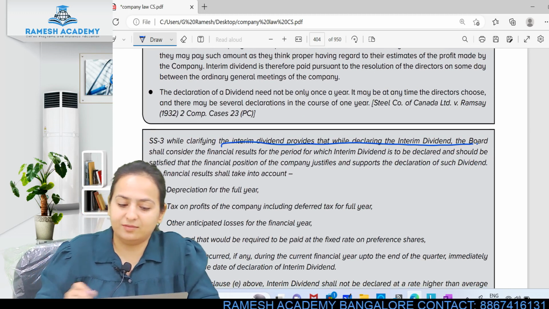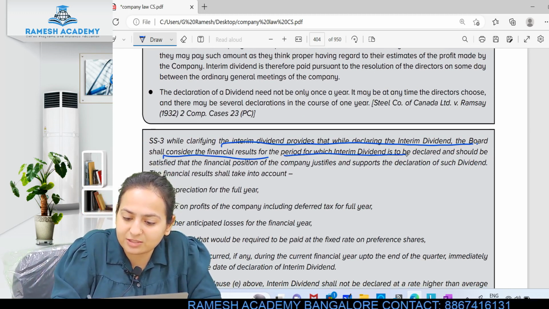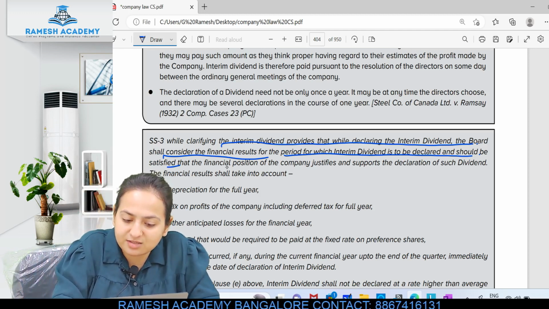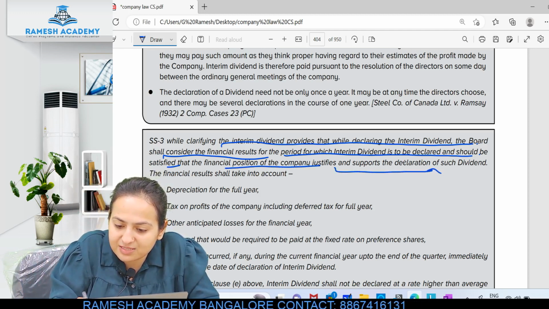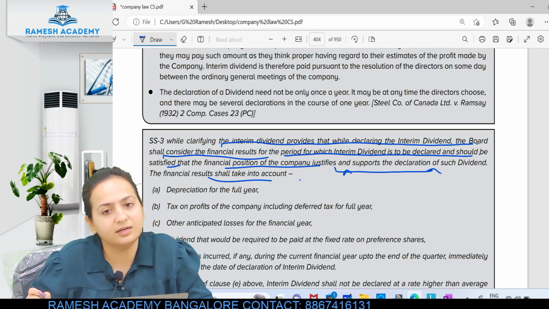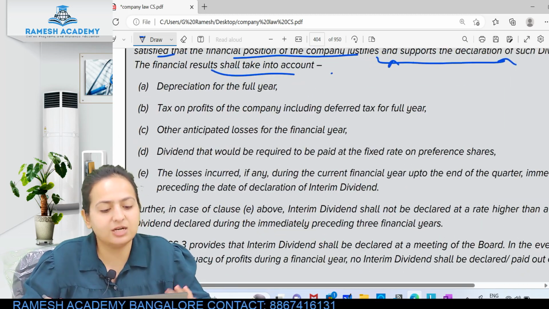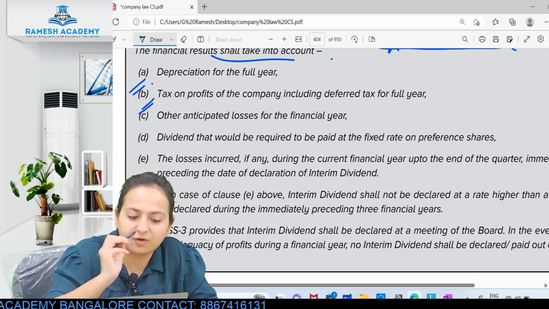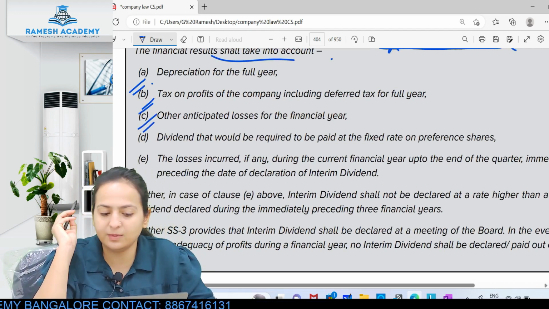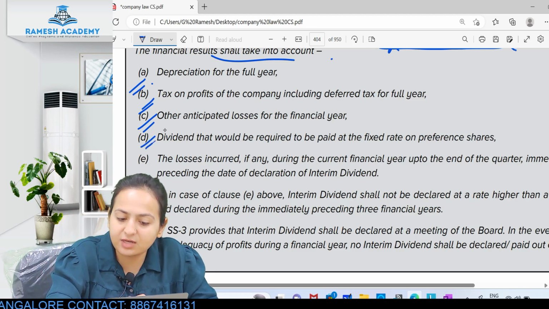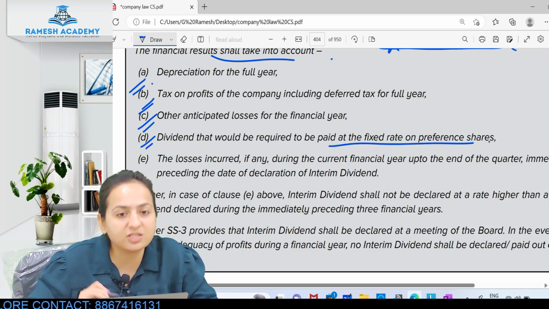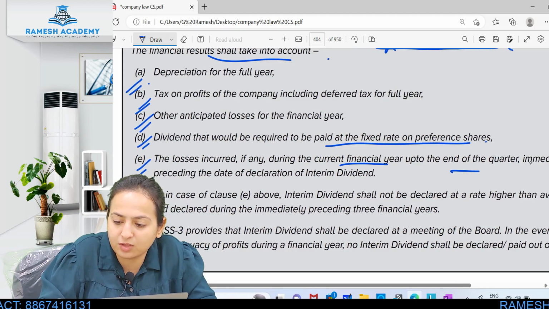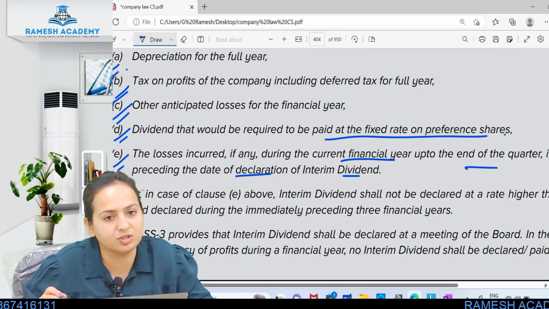In this Secretarial Standard 3, while clarifying the interim dividend, it provides that while declaring the interim dividend, the board shall consider the financial result for which the interim dividend is to be declared. It should be satisfied that the financial position justifies and supports the declaration of the dividend. So financial results shall take into account depreciation for the full year, tax on the profits, other anticipated losses, dividend that would be required to be paid at a fixed rate, then losses incurred during the current financial year up to the quarter immediately preceding the declaration of the dividend.